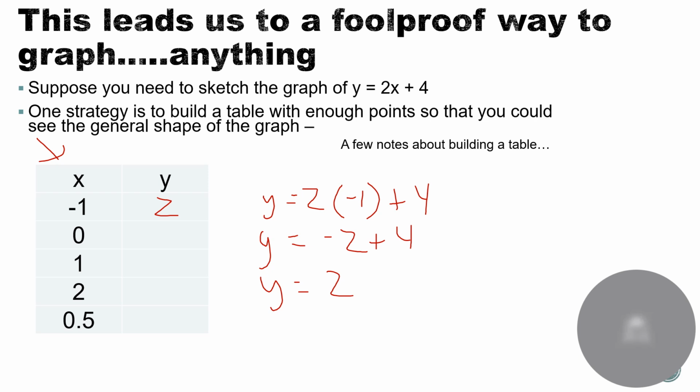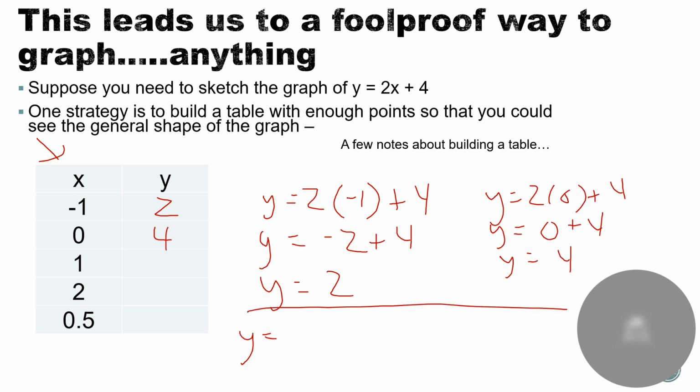When you plug in a 0, 2 times 0 is 0, and 0 plus 4 is 4, so the point (0, 4). We plug in a 1, so we have 2 times 1 is 2, and 2 plus 4 is 6.